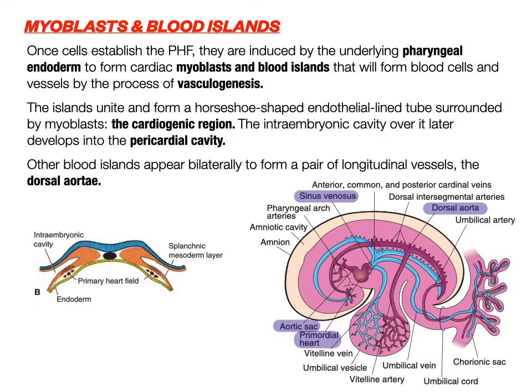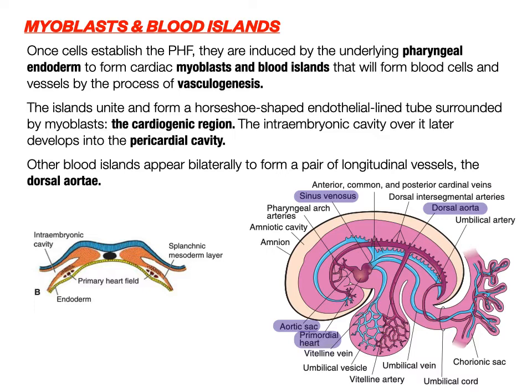After this migration, the pharyngeal endoderm induces those cells to differentiate into cardiac myoblasts or heart muscle cells, and blood islands responsible to give rise to blood cells and new vessels. Later we'll see that the creation of new blood cells is a process named vasculogenesis.